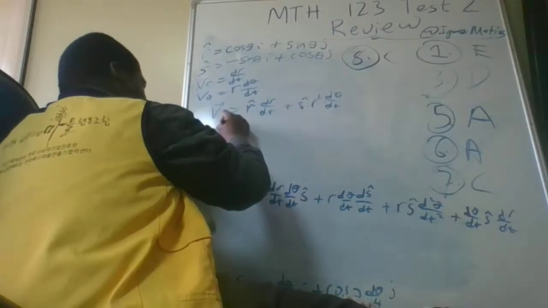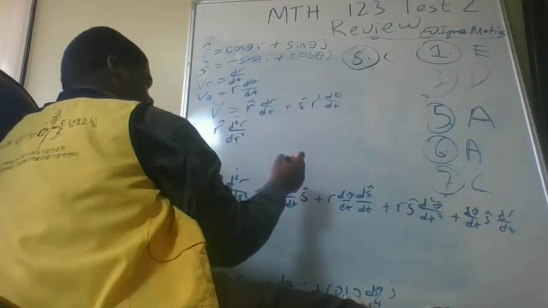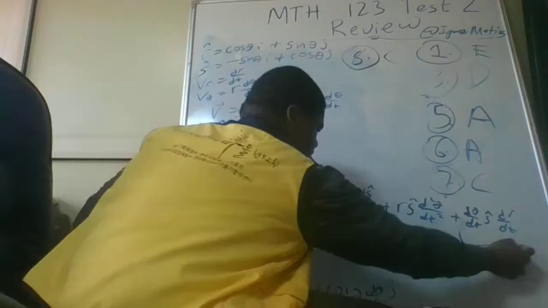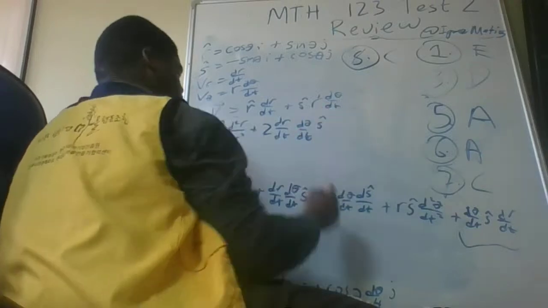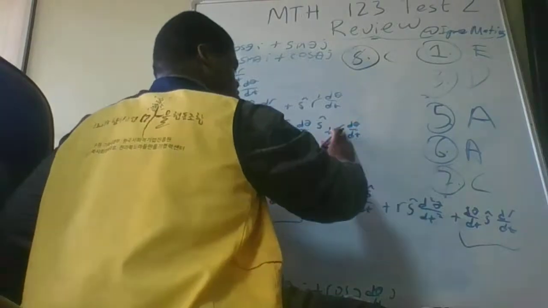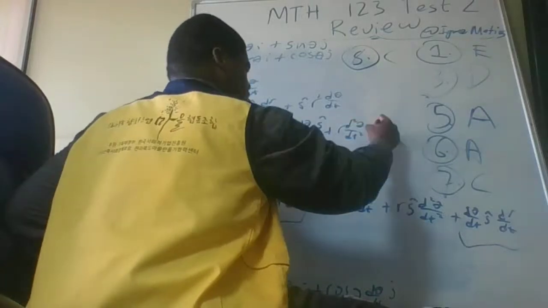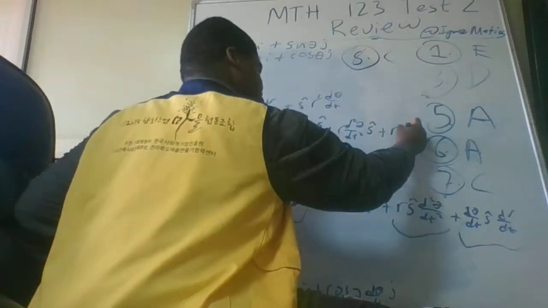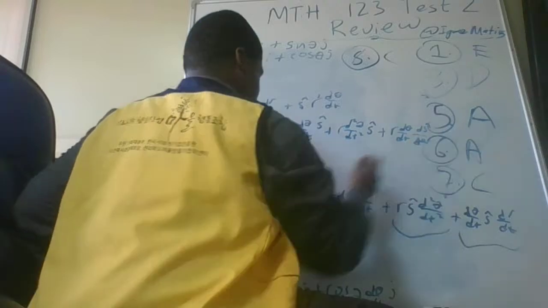This will be d²r/dt² plus, this here is the same as this here, so that will be plus 2 dr/dt dθ/dt transverse vector plus r d²θ/dt² plus r dθ/dt squared transverse vector, this one here, plus r dθ/dt times the derivative of the transverse vector with respect to time.